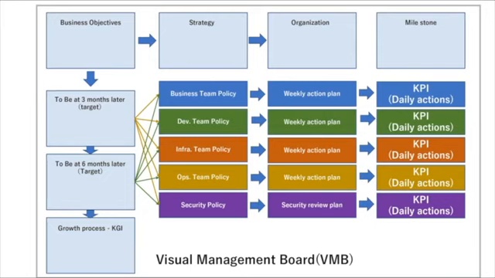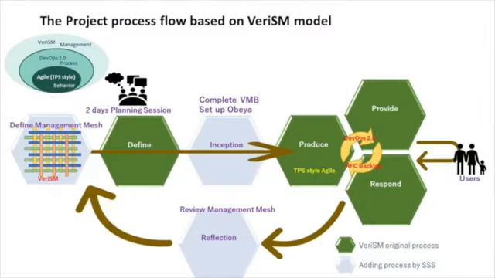In the produce process, we implement TPS-style agile for faster development, based upon Scrum and XP practice. Additionally, the size of tasks should be smaller and equal. We are conducting our team to break down the product backlog into 1-hour tasks.